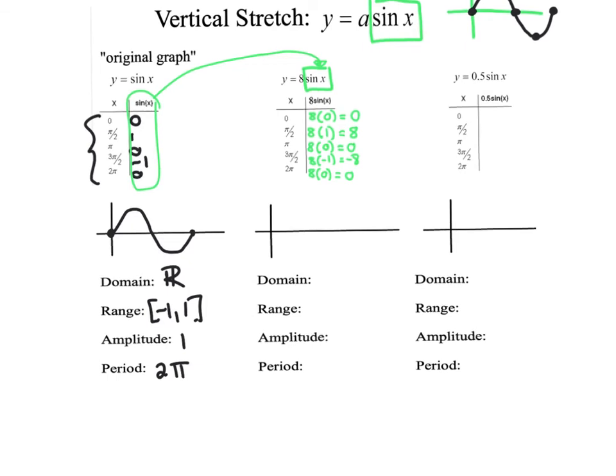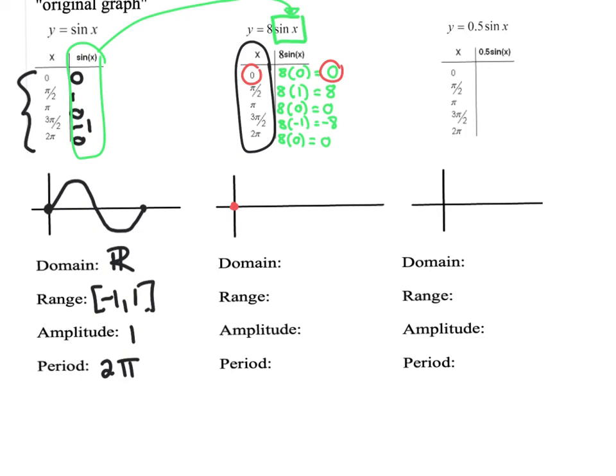If I was to plot these different points, so now at an x value of 0, my y value stays at 0. I'm going to start by plotting that point. I'm also going to take just a quick moment and actually label my x-axis with all of my critical values. So we've got 0, pi over 2, pi, 3 pi over 2, and 2 pi.